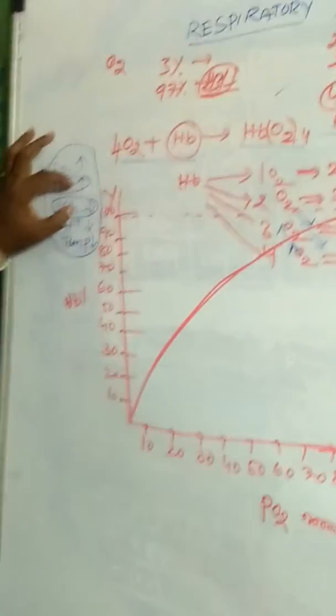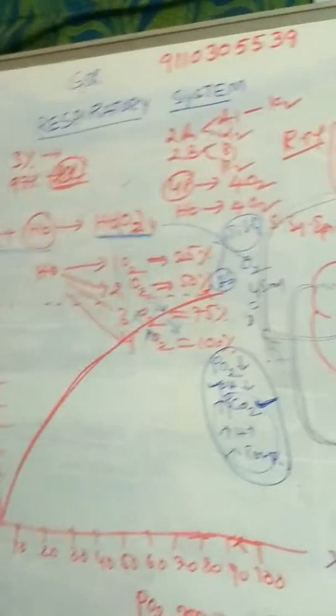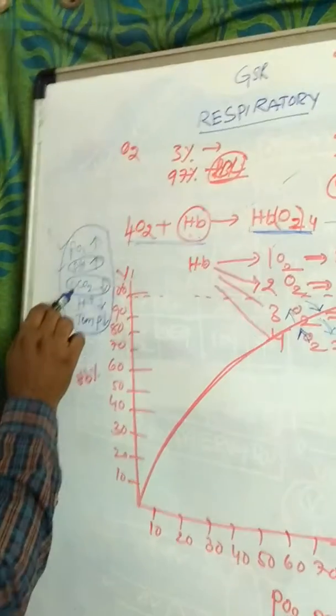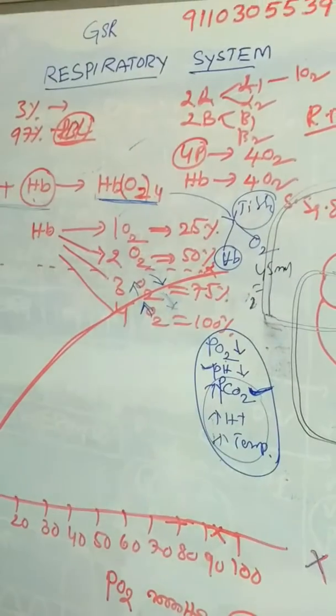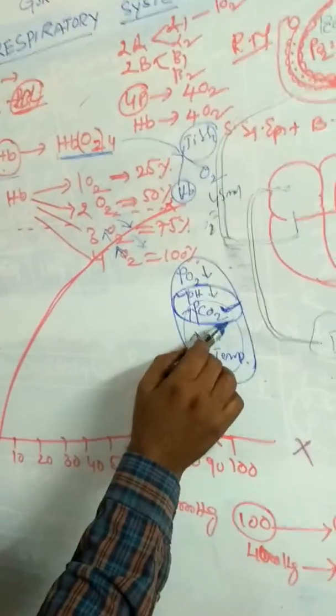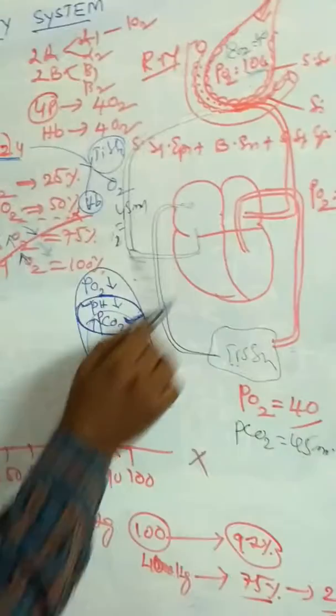High pH and low CO2 are the conditions suitable for the formation of oxyhemoglobin. Low pH and high CO2 are the conditions suitable for the dissociation of oxyhemoglobin.